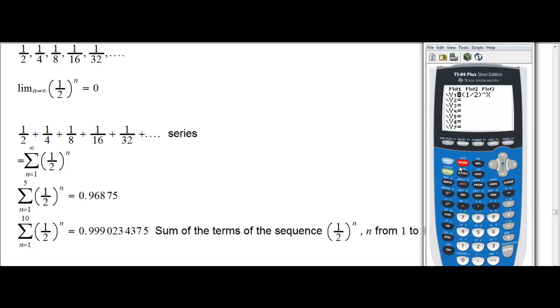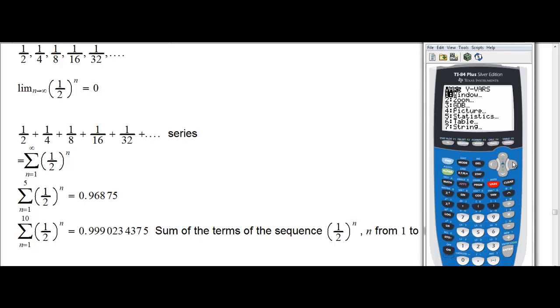Now let me see if I remember. So here we go to math, right? We want the sum of what? The sequence, right? So now I have to remember here again. So sequence is right here, and where is my sequence? My sequence is y1, so I can enter y1 directly here.